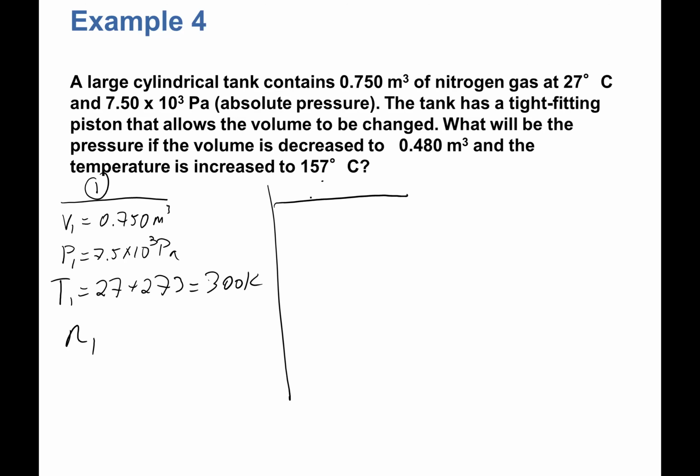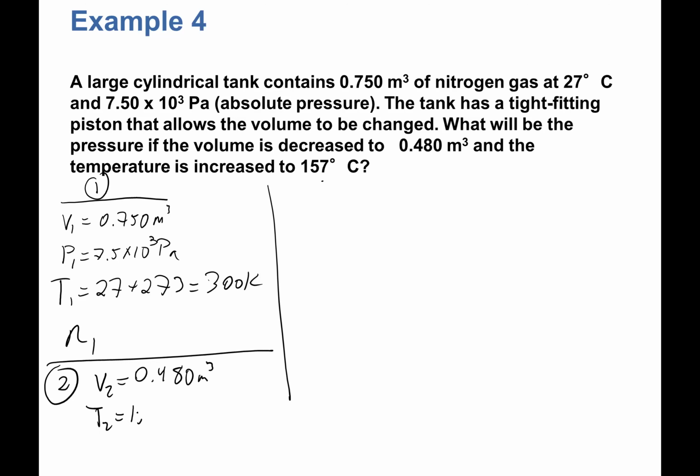Let me do it here so I have more room. Here's my state 2. Volume 2 is 0.48 cubic meters. Temperature 2 is 157 plus 273, which means we end up with 430 Kelvin.